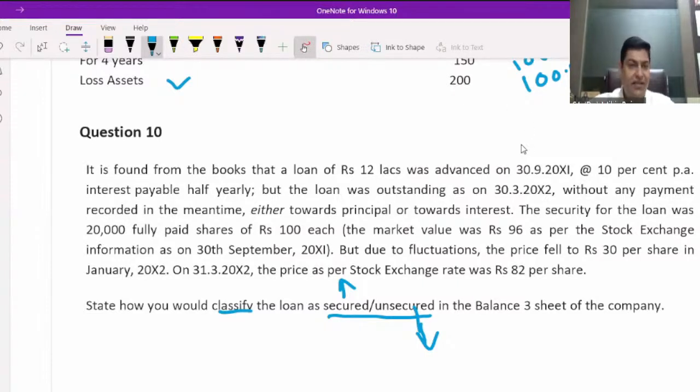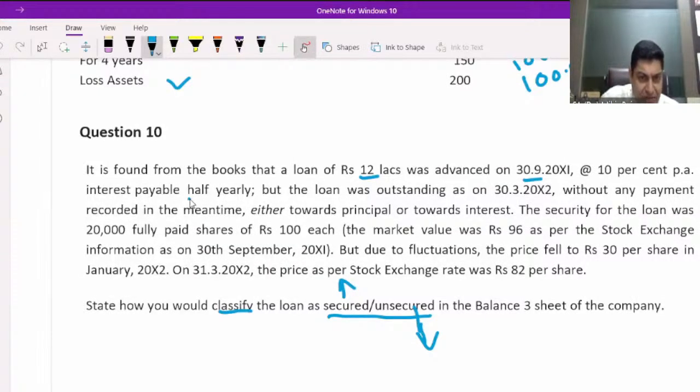Okay, guys. So it is found that a bank loan of 12 lakh was given on 30th September. 10 percent is the per annum rate of interest.